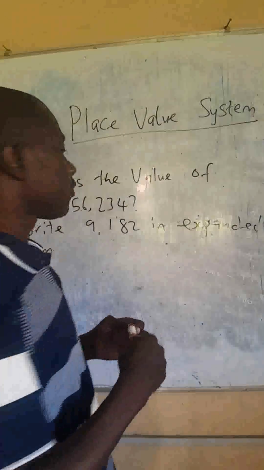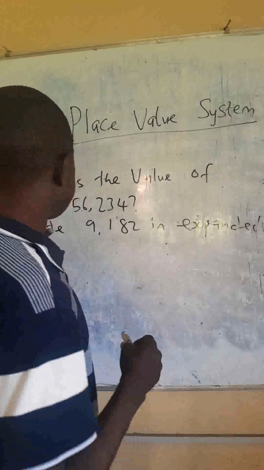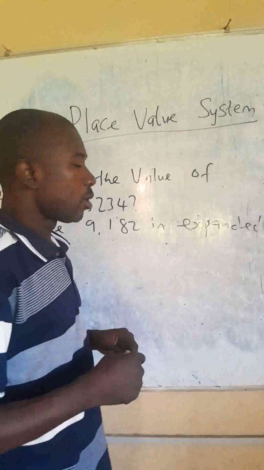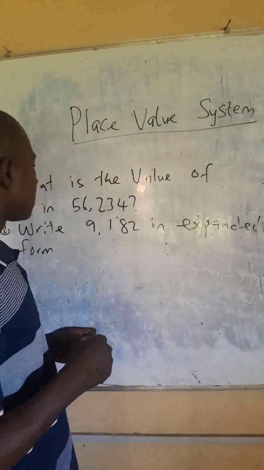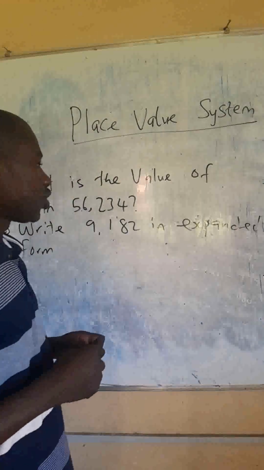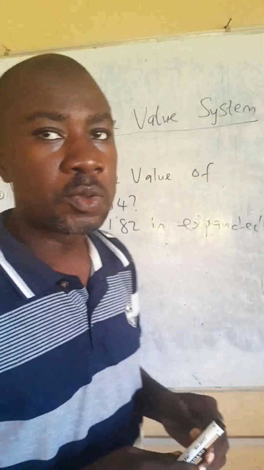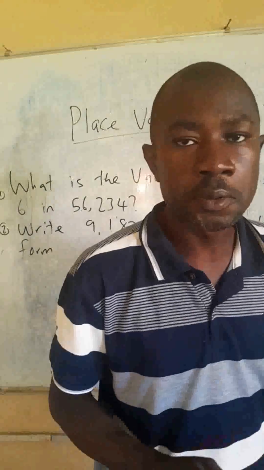Solve this one. 1. What is the value of 6 in 56,234? 2. Write 9,182 in expanded form. So pause the video and try to solve it. I'm waiting for you.